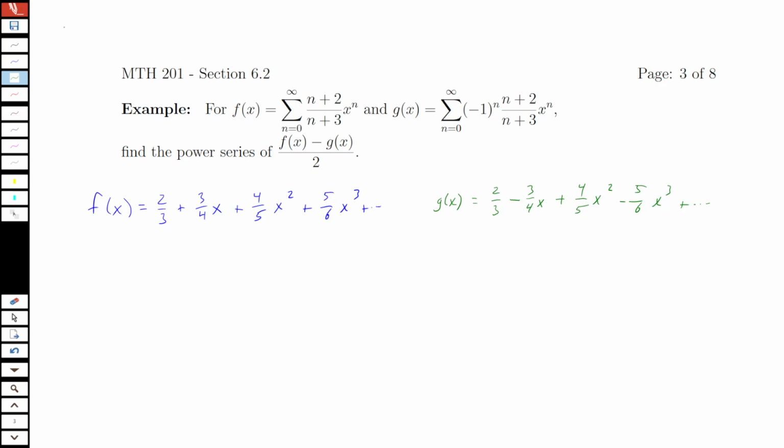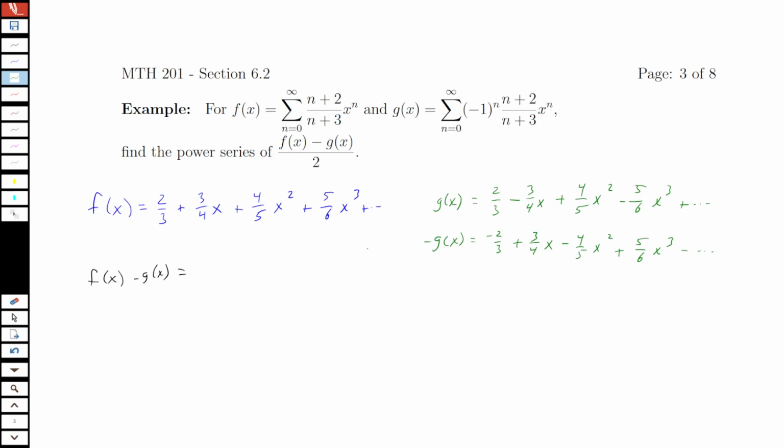Now when I take f of x minus g of x, and we'll deal with the half later, if I write out what negative g of x looks like, maybe it's easier to add. I'll have a negative 2/3, a positive 3/4 x, negative 4/5 x squared, positive 5/6 x cubed, and so on.